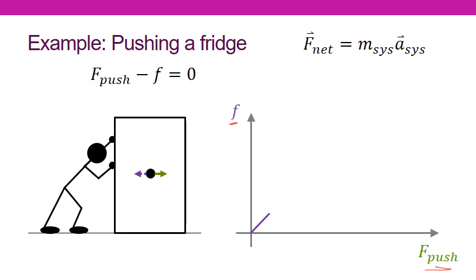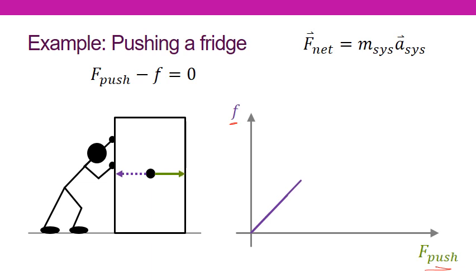So it's a linear relationship. And as I push harder and harder, my frictional force will increase to compensate. Notice the frictional force and the pushing force are always equal, but my acceleration continues to be 0. I haven't overcome friction enough to start this fridge moving, to start it accelerating.